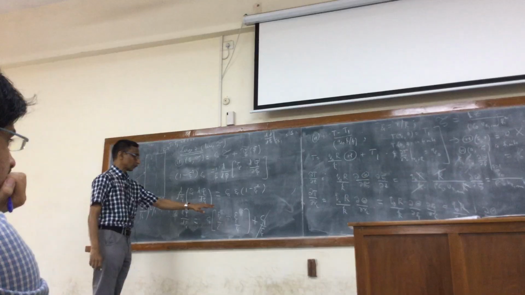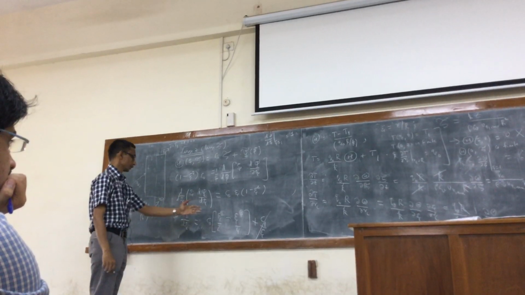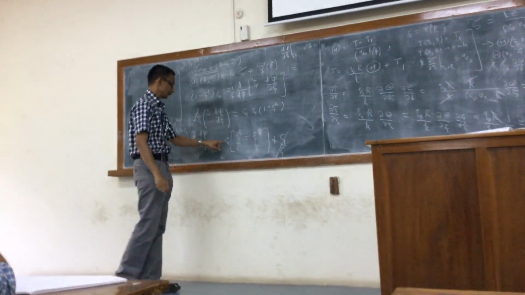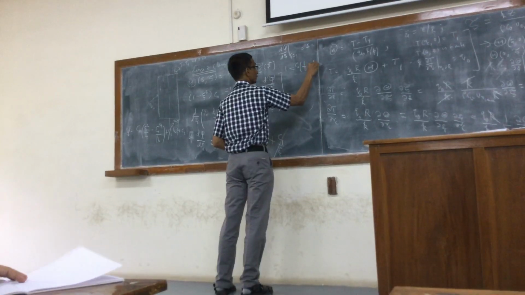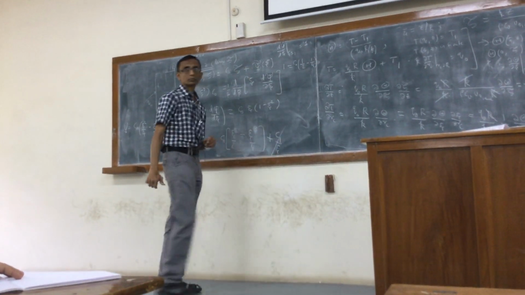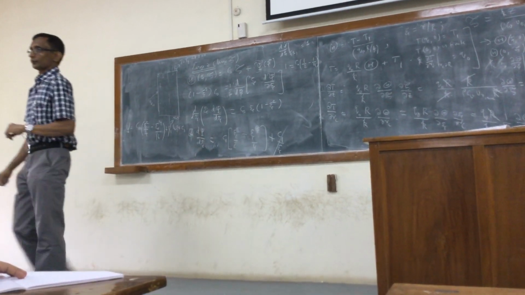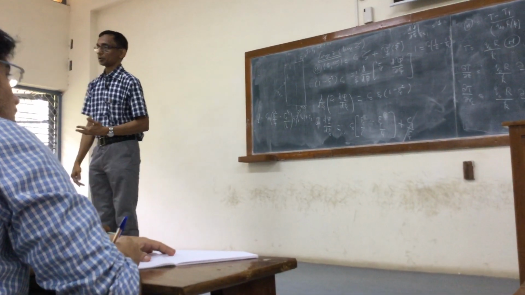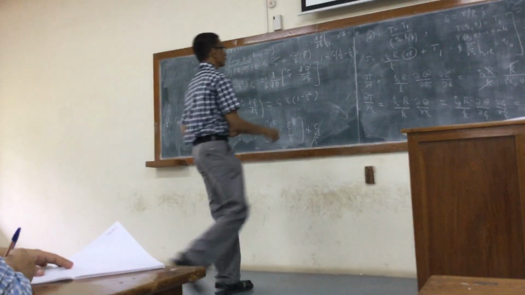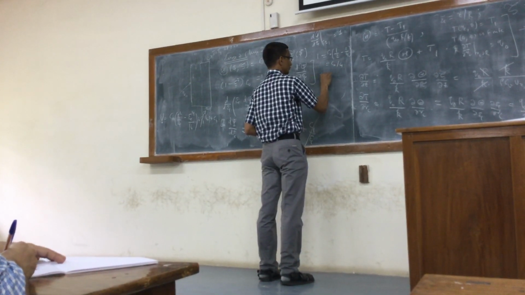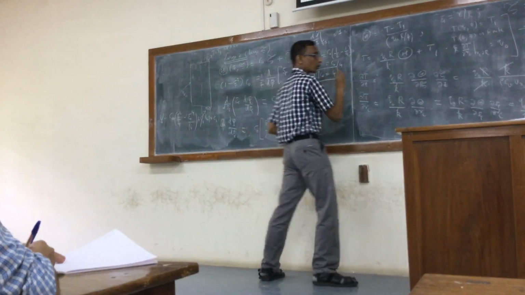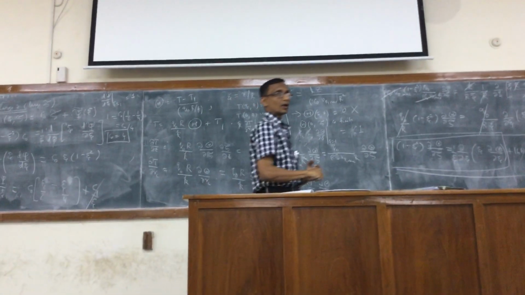So when I put psi equal to 1, I get 1 equal to C naught times 1 over 2 minus 1 over 4. Clearly this is C naught divided by 4, which means C naught is equal to 4. This is the second constant.